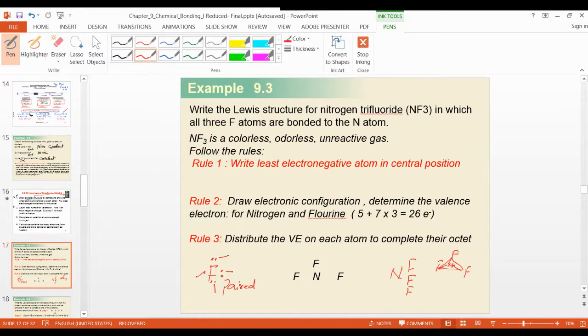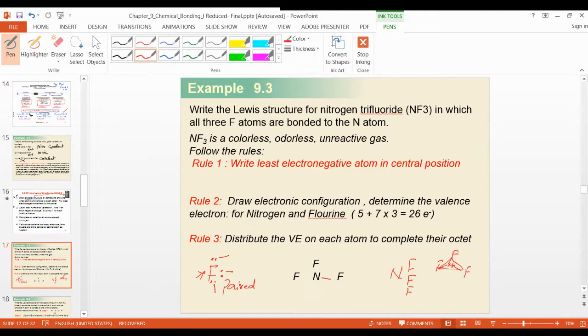Only this one is making a bond with others. So the only possible ones are group 7 or group 1, that is hydrogen. Both have only 1 electron, so they can make only single bonds. They never make a double bond. Please note this down in your notebook.